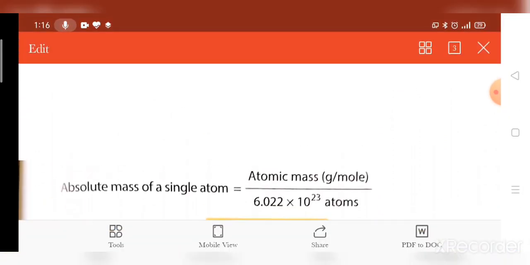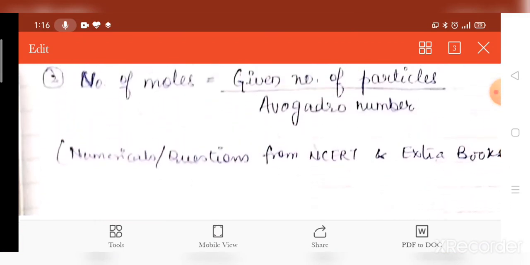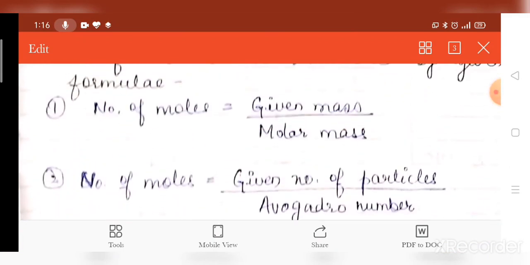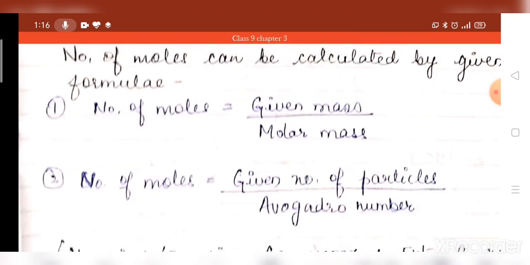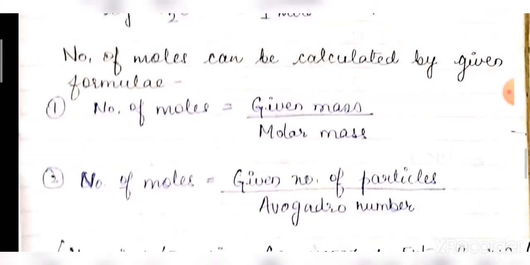Now if you want to calculate the number of moles, then you have to learn two formulas which are very important. First one, number of moles is equal to given mass upon molar mass. Given mass will be given in the question, and molar mass, that is the gram per mole mass, the molecular or atomic mass.